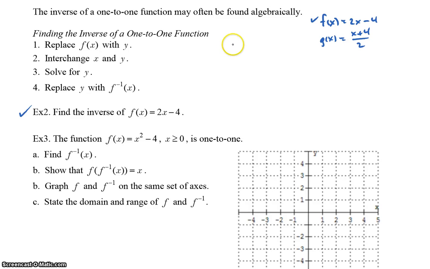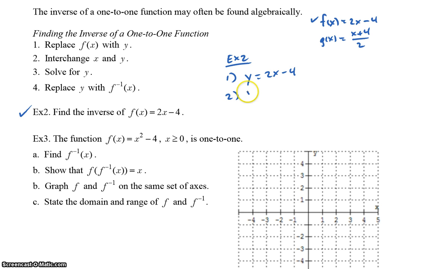And so we go through this four-step process, and I'll just number them as I do it, for f of x equals 2x minus 4. First, replace f of x with y. So write y equals 2x minus 4. Step 2, interchange x and y, or swap x and y.